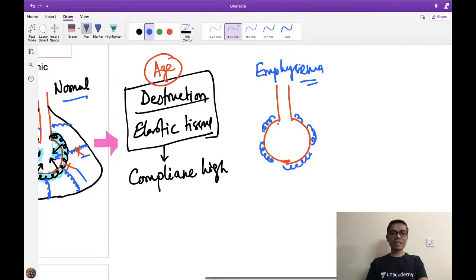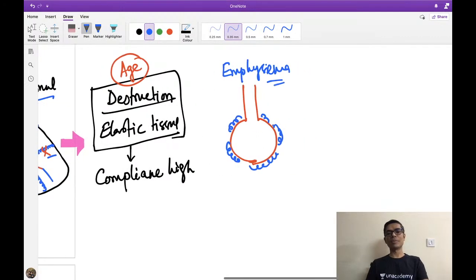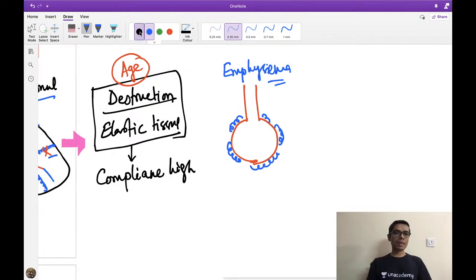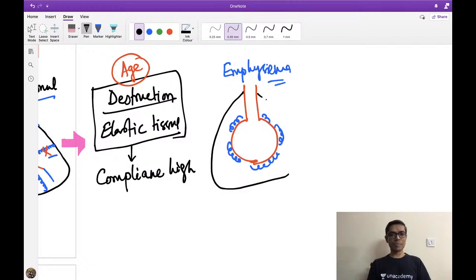Whenever this elastic tissue is damaged, now there is one important phenomenon you have to understand. Suppose the person is going to expire with a huge amount of force. The person is suffering from emphysema and is trying a forceful expiration. Whenever the person does a forceful expiration, he will apply some extra force from the chest wall.